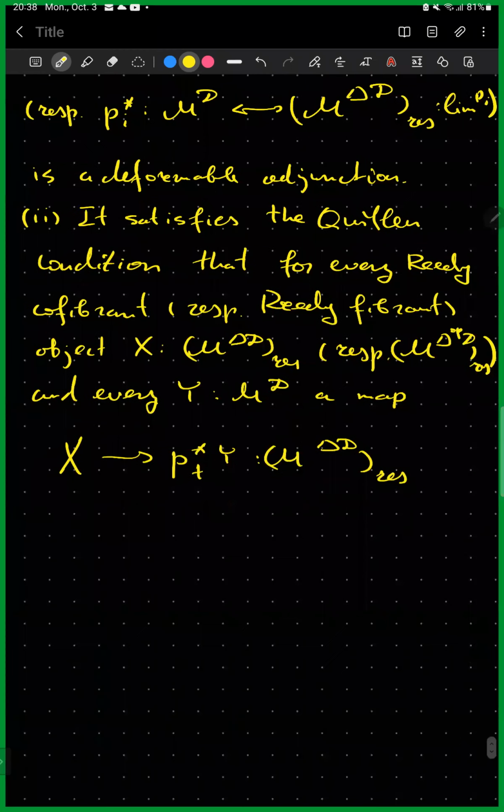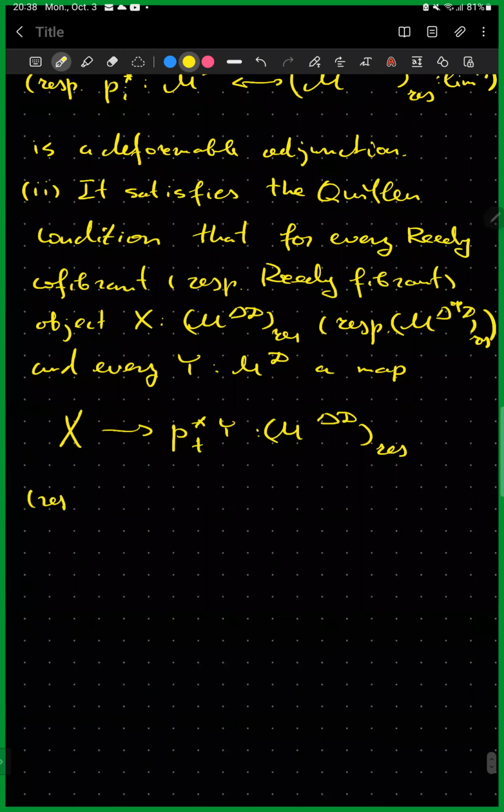Or if we're talking about limits, then it's a map from the upper star of Y to X.